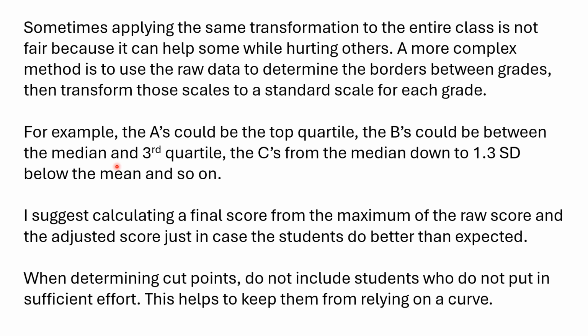And then what I did for many of my undergraduate classes, for the border between the C's and D's, I went down 1.3 standard deviations below the mean before a student would get a D. And the thinking behind that is if the distribution of grades is normal, that winds up being about 10%.